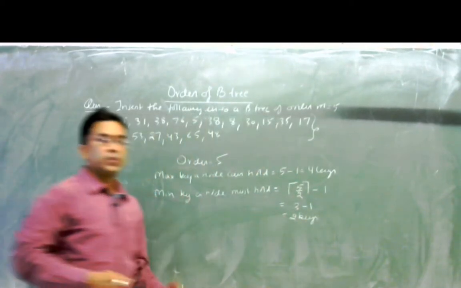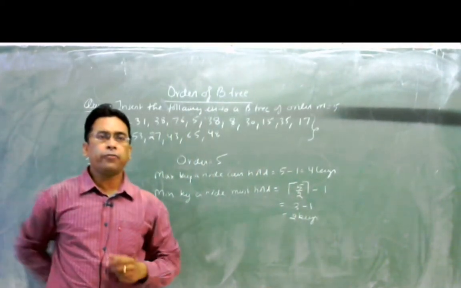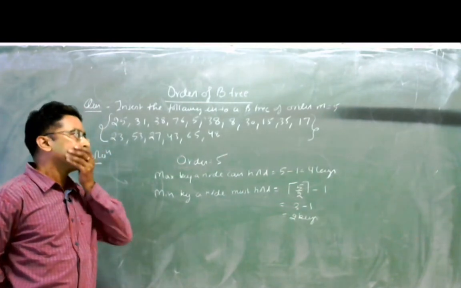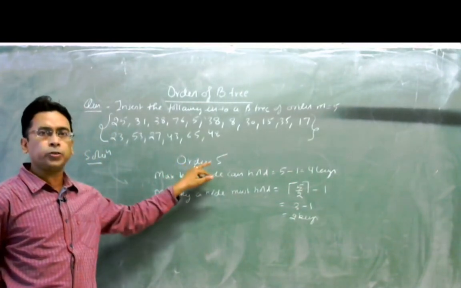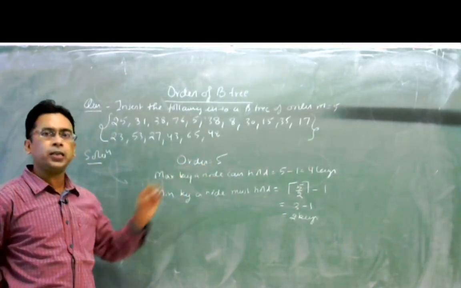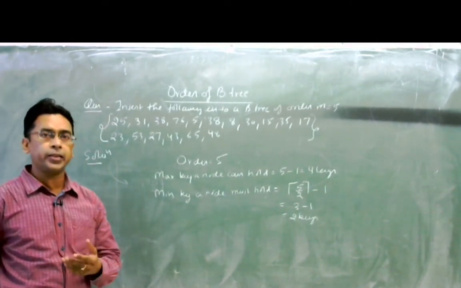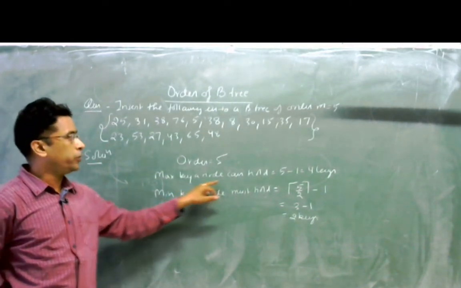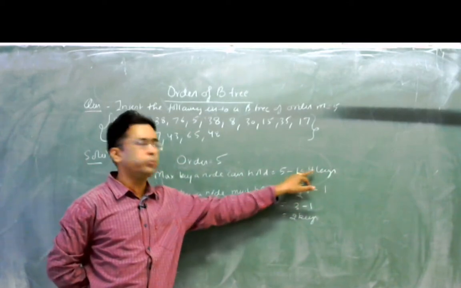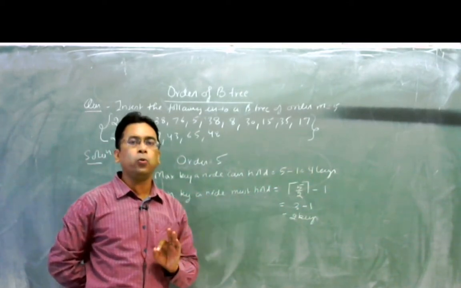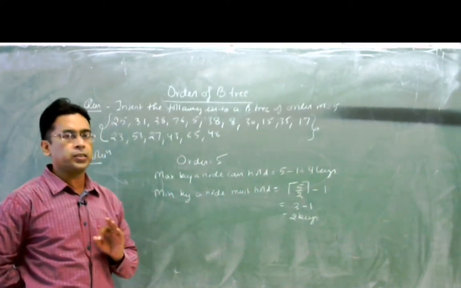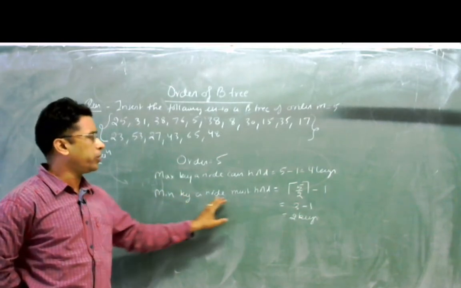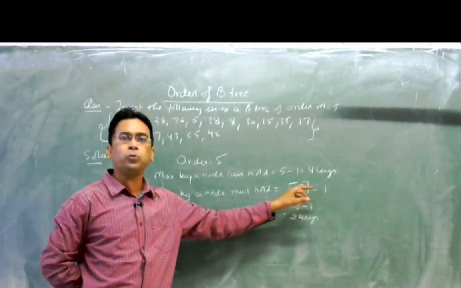Right? Since the order is equal to 5, the maximum keys a node can hold is m minus 1, that is 5 minus 1, meaning 4 keys. A node can hold at most 4 keys. Similarly, the minimum number of keys a node should hold is m by 2 minus 1.